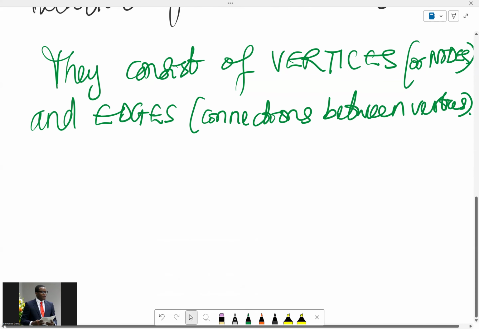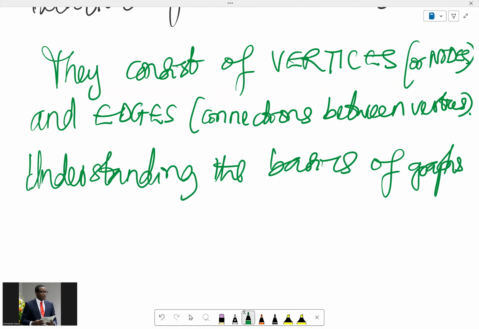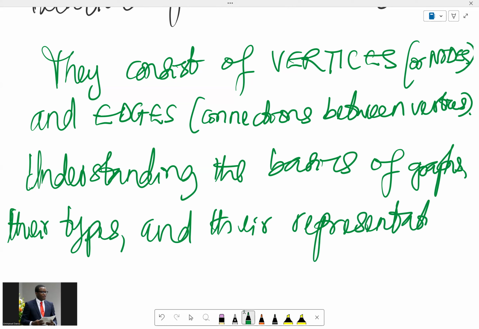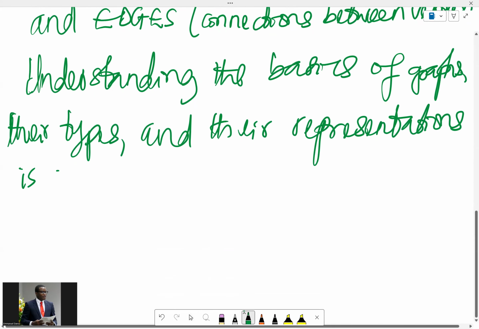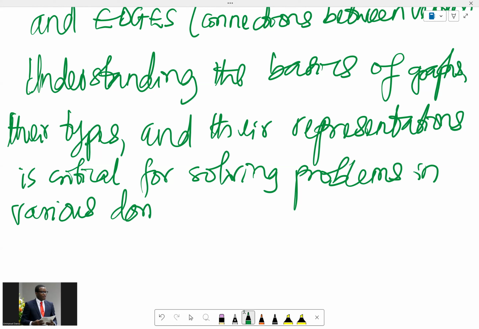Understanding the basics of graphs, the types of graphs and their representations is critical for solving problems in various domains, such as networking.